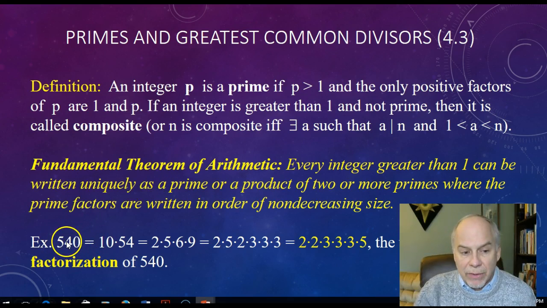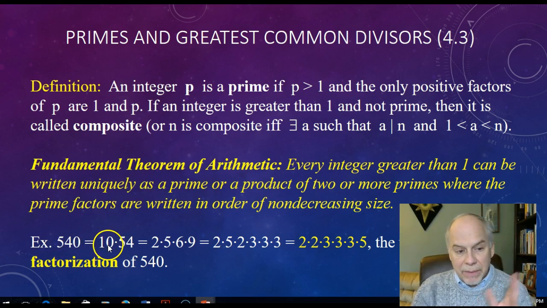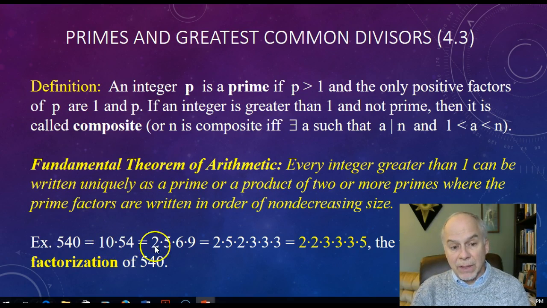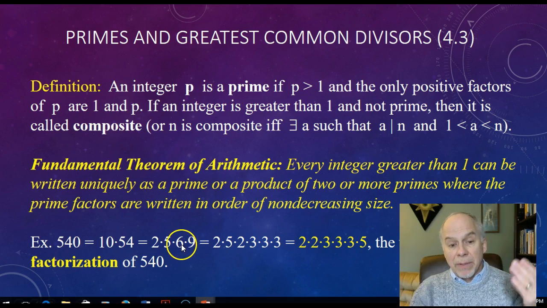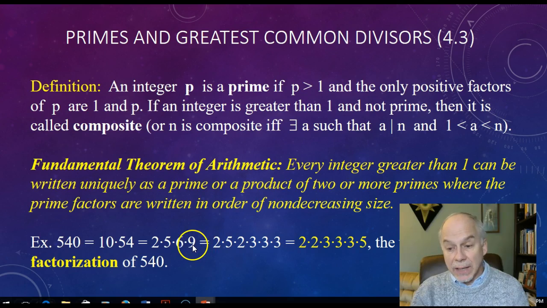For example, 540. You could break that up into 10 times 54. Of course, 10 is composite, so it breaks up into 2 times 5, and 54 breaks up into 6 times 9. But then 6 can be broken up into 2 times 3, and 9, of course, is 3 times 3.